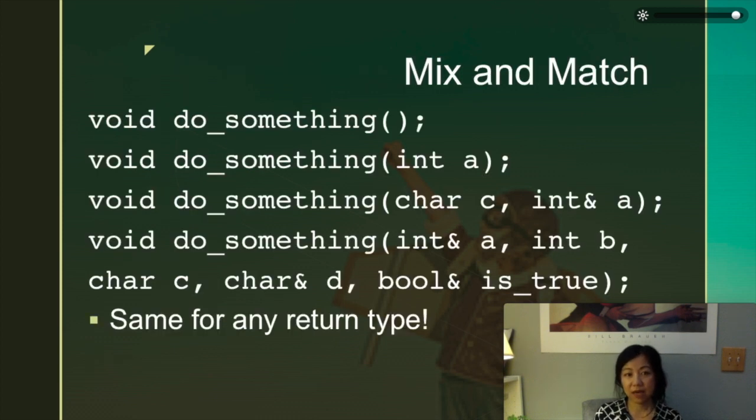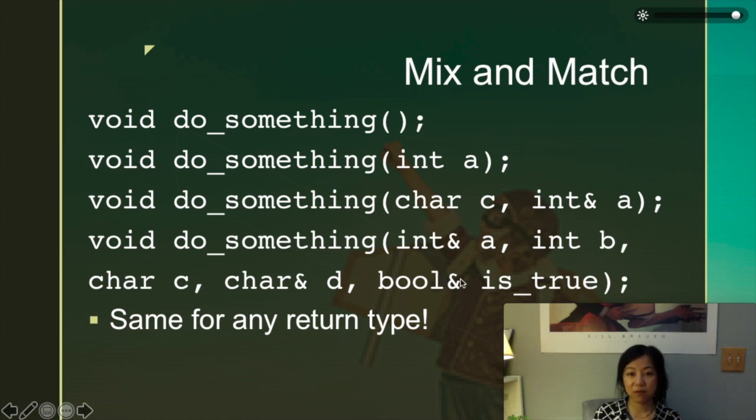I want to mention that for functions, it's okay to mix and match. For example, you don't have to have a parameter. You can have one parameter. You can have one that is passed by value, one that is passed by reference. You can have however many parameters you want.